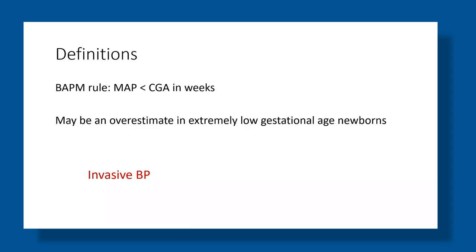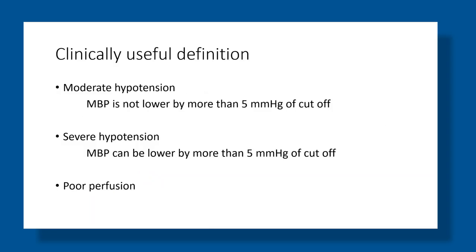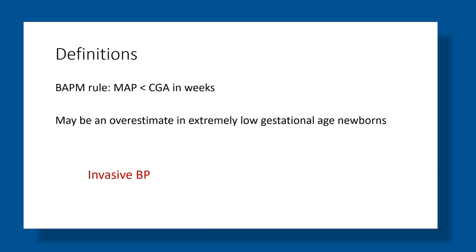To check the invasive blood pressure, you always need to have the arterial line, either as a peripheral arterial line or as a UAC line. And one other point that I need to emphasize at this point is even this definition could be an overestimate in extremely preterm newborns.